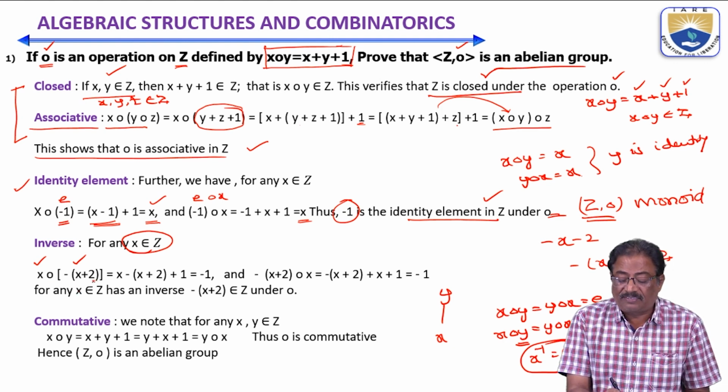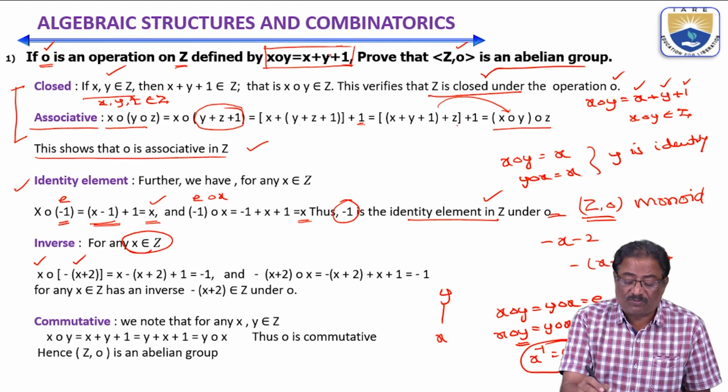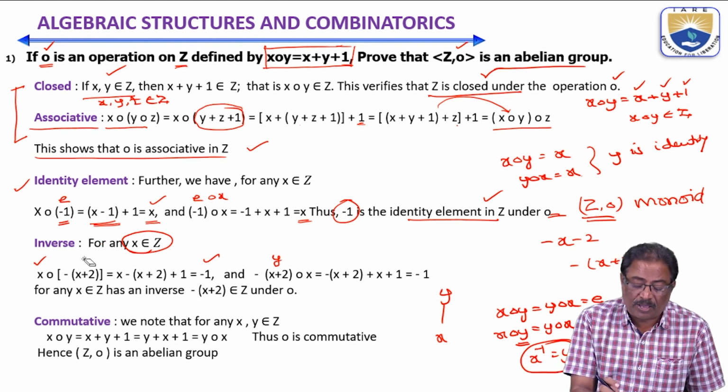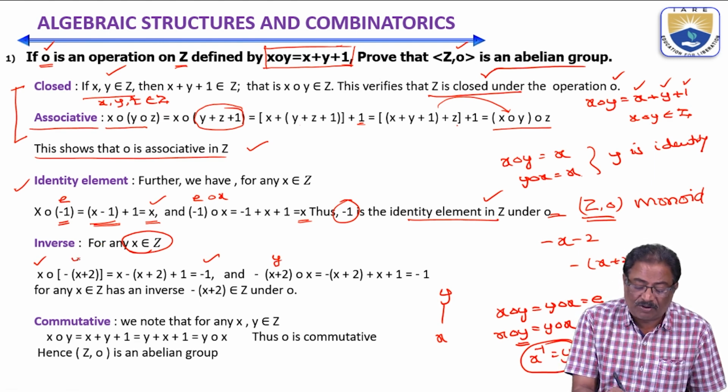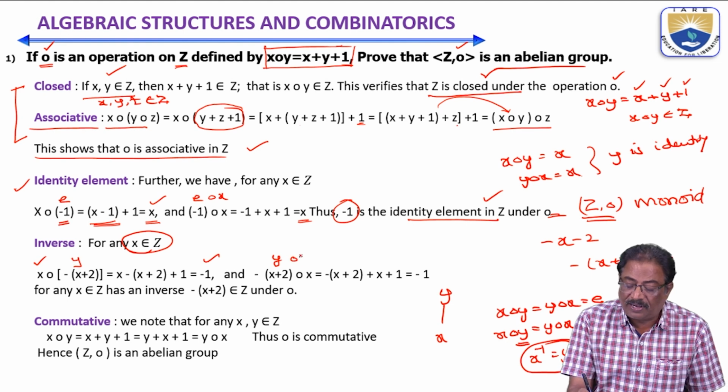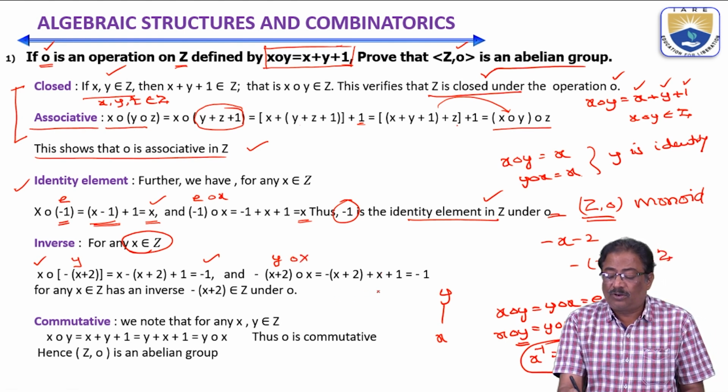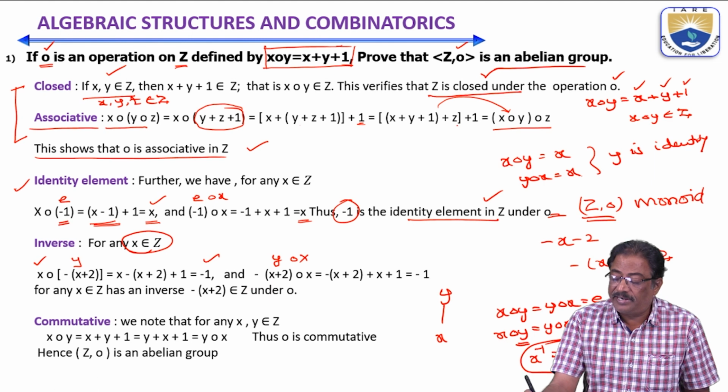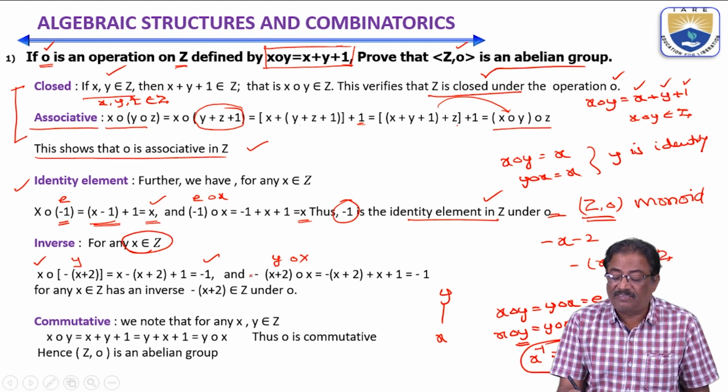So now x circle y is equal to, if we apply x plus y plus 1, we get the identity element. Similarly, y circle x gives the identity element, so we can say that y is the inverse of x.